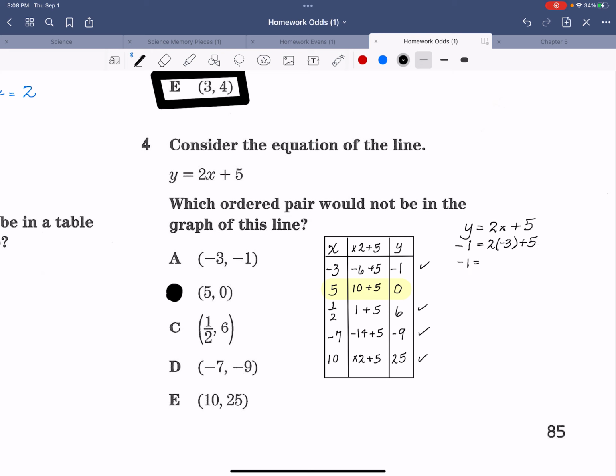So -1 equals -6 plus 5. -1 equals -1, and that checks out. So it's the same thing. I'm just shortcutting a little bit with the table. You can do it either way. It doesn't matter. But you can get your answer by figuring out which one fits and which one doesn't. Or I should say which ones fit and which one does not.